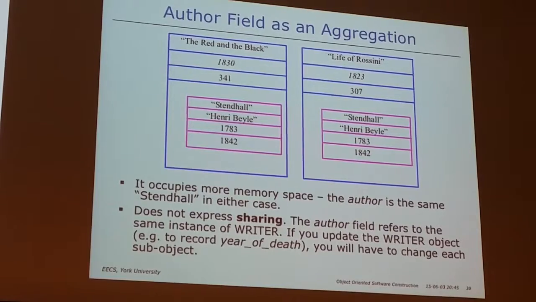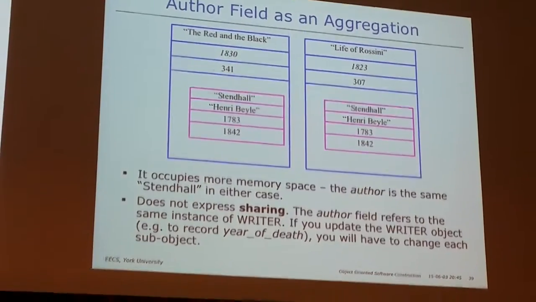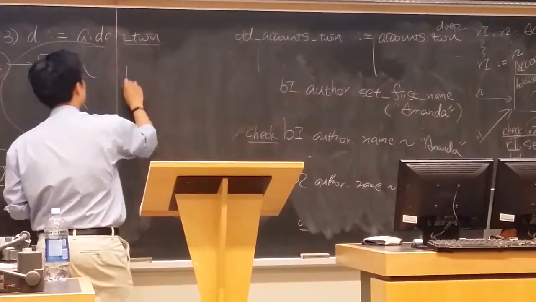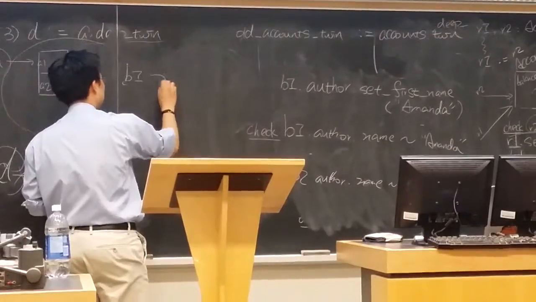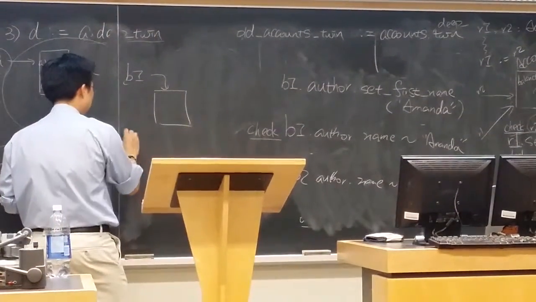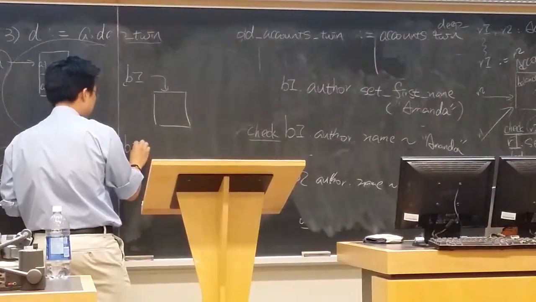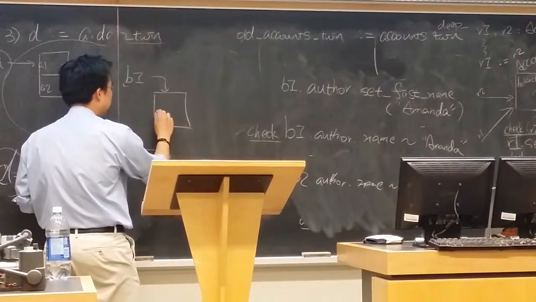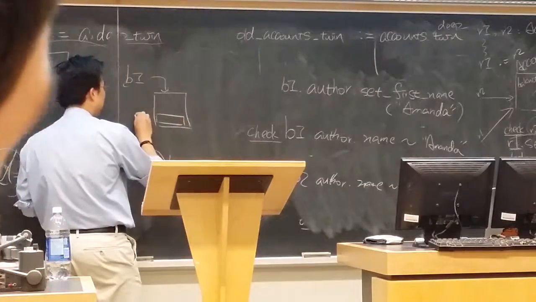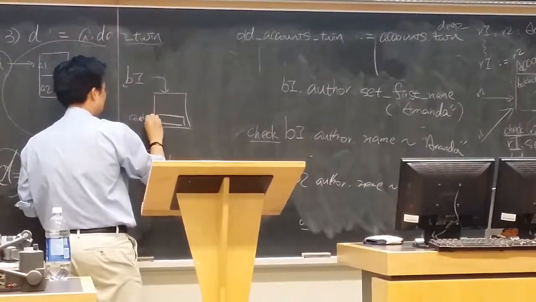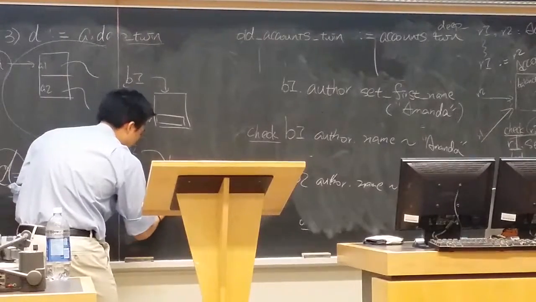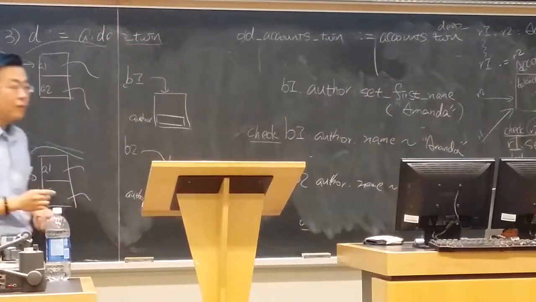So in this case, let me erase this. Let's say again we have book 1 and book 2. Book 1 refers to some object here, and book 2 also refers to some book object here. Let's say this particular field is for the author, and this part is also for the author. So now we are not talking about reference type anymore.